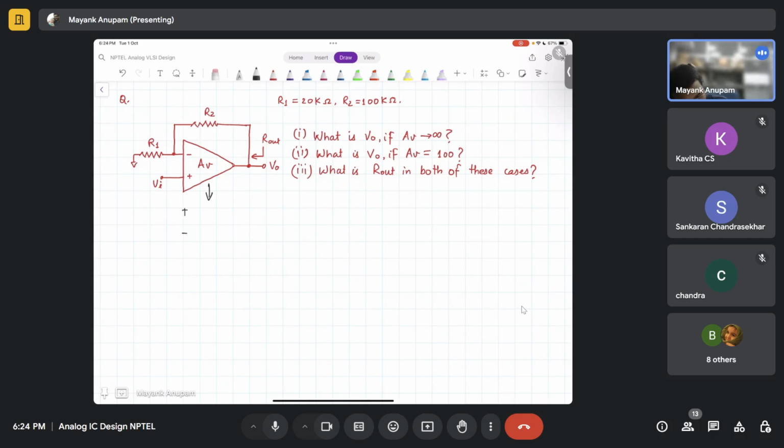So you have two nodes like this, and here you have a voltage source. This is ground, and this is some AV times V1 minus V2. This is V1, this is V2. This is what it means.